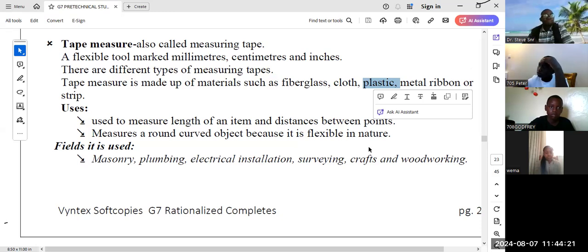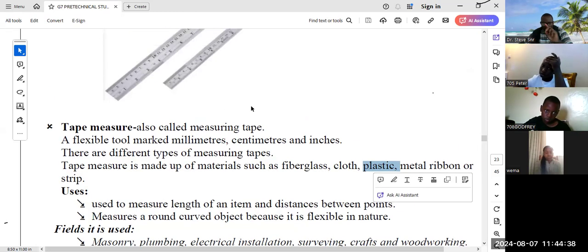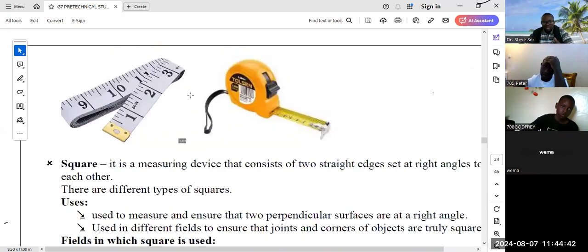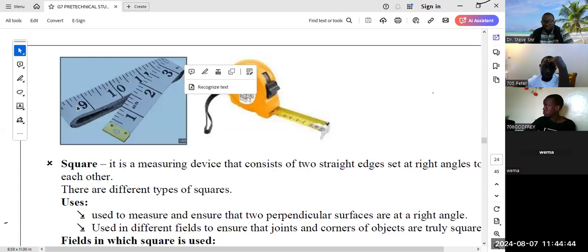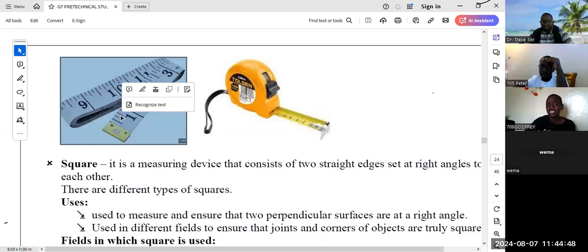Now, the fields in which we use the tape measure: we can use it in masonry, plumbing, electrical installation, surveying. It can also be used in crafts and woodworking. Now, this one up here is the steel rule, but this down here is the tape measure. We have said it can be made of various materials.